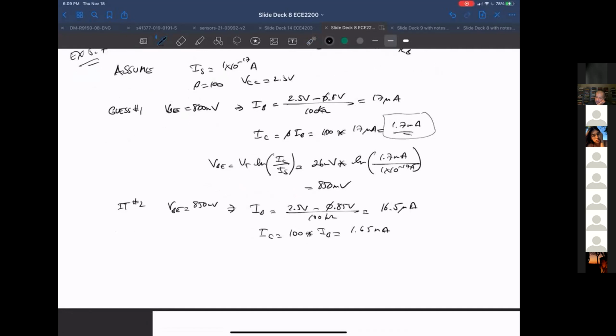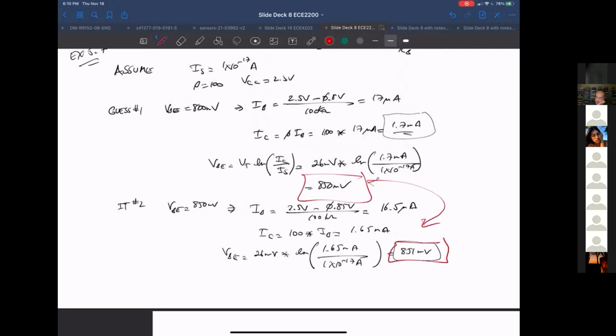And now if you plug this back into VBE, with 1.65 milliamps over 1 times 10 to the minus 17 amps, this gives us 851 millivolts. So this one iteration was pretty close to this guy. So this is close enough.